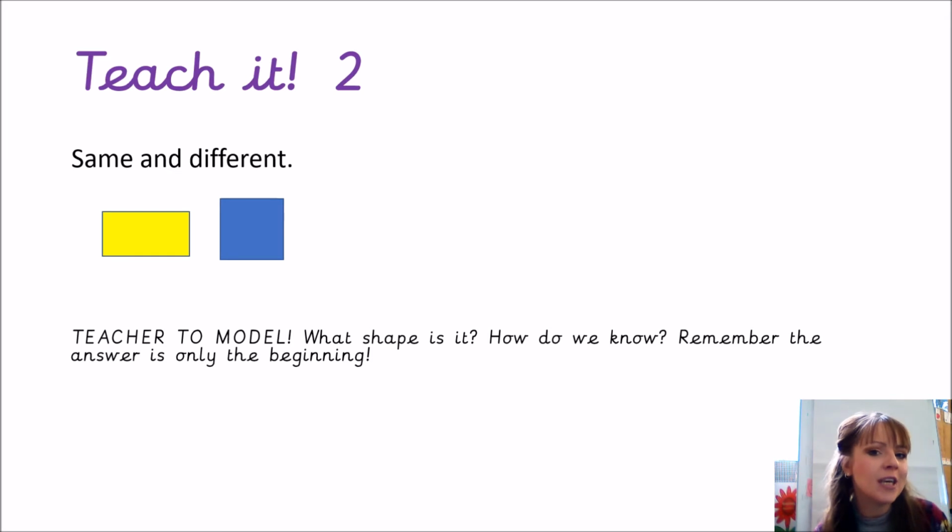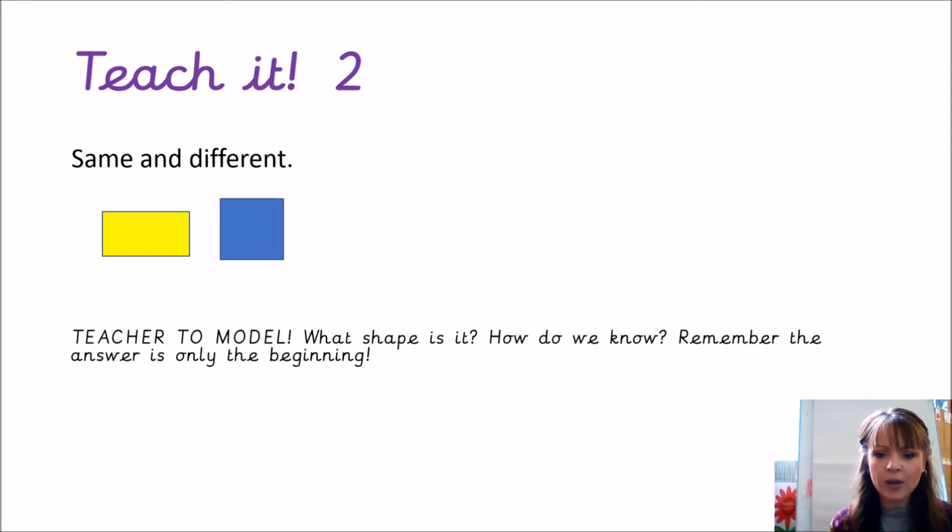There are a few things that are different, but there are also some things that are the same. Each of these shapes, the oblong and the square, have 4 straight sides. They also have 4 vertices. That's where the sides meet. But there's something different about the sides in the oblong and the square.